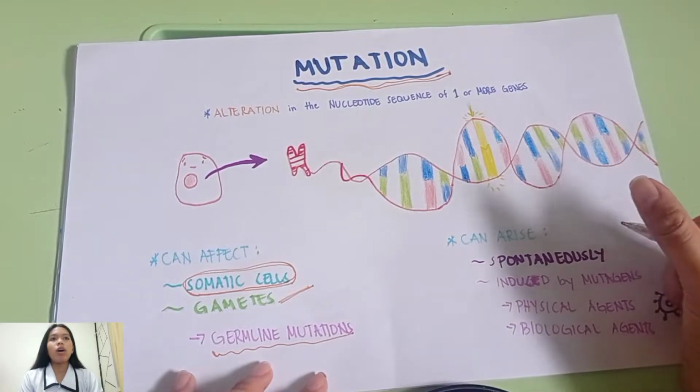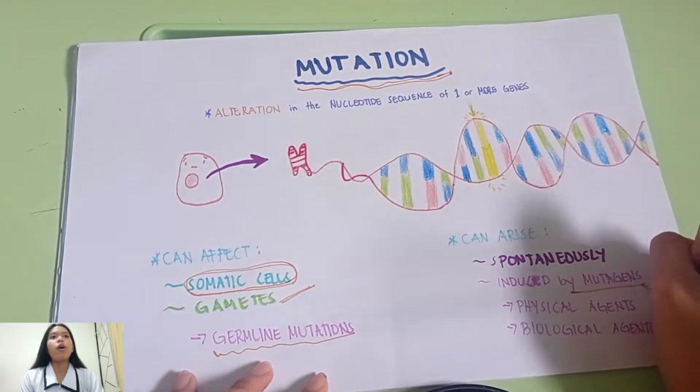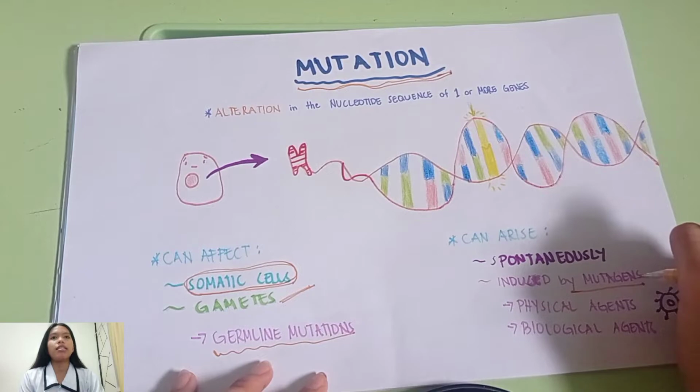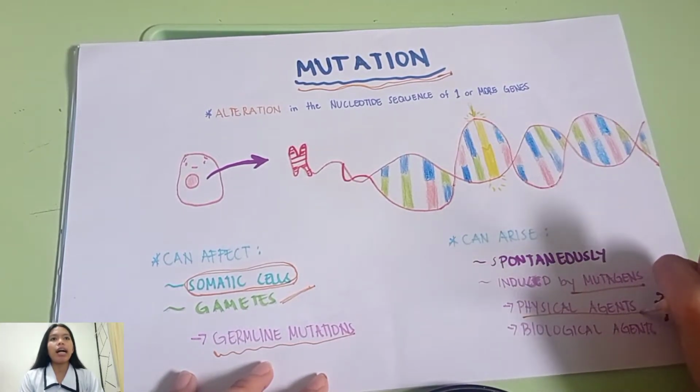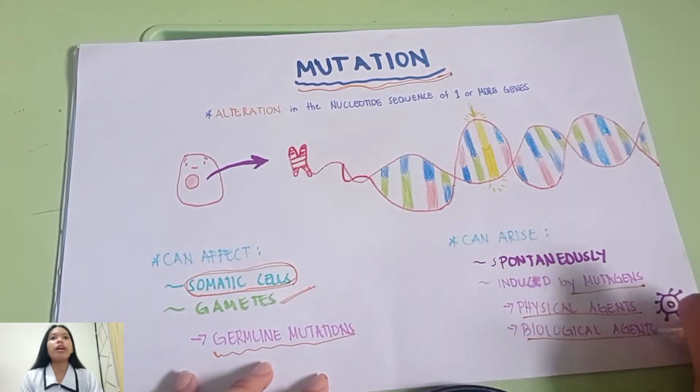Mutations can occur spontaneously or as a result of mutagens. Physical agents such as UV rays and chemicals, as well as biological agents such as viruses, are all mutagens.